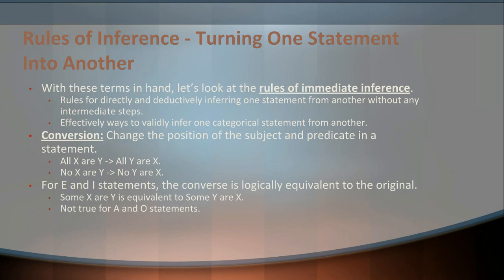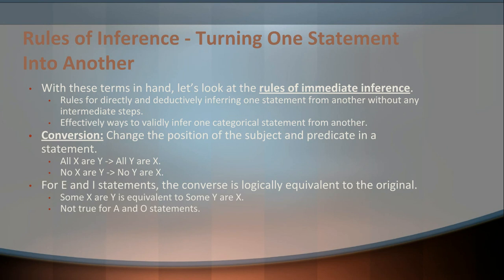It's just true that if some puppies are dogs, then some dogs are puppies. If some red things are also blue things, well, then that automatically implies that some blue things are also red things.